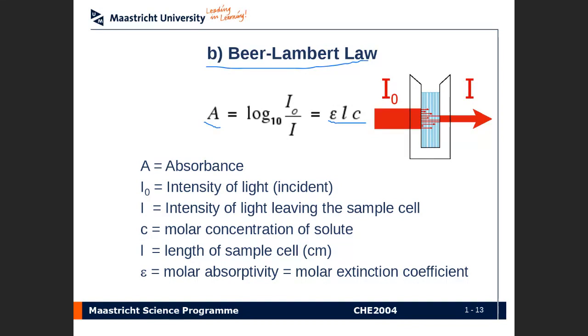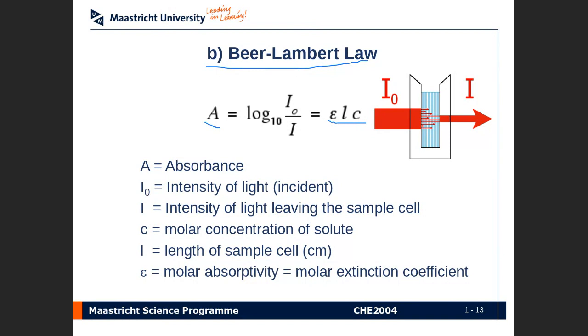Epsilon is something we call the molar extinction coefficient, or we also call it molar absorptivity. And that is a measure of how absorbent a molecule is. Of course, the higher the molar absorptivity, the higher will be the absorbance, right? Because you can see mathematically, the higher epsilon, the higher is A. And L is just the path length of the cell.